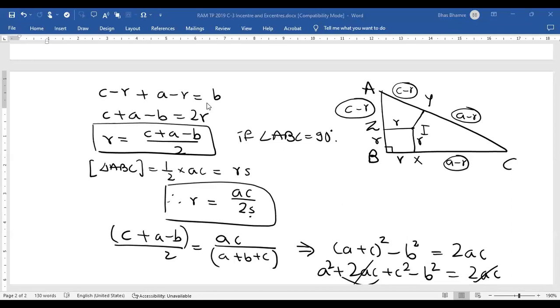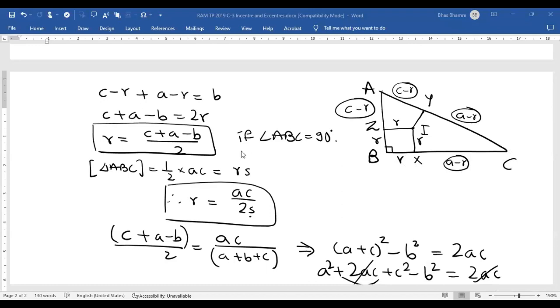Yeah, CY is A minus R. Is it correct? Yeah, it is correct. Why? Because BC is A, BX is R, so CX is A minus R. Got it?